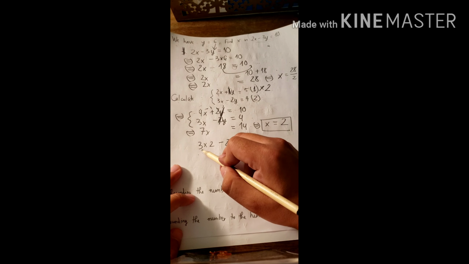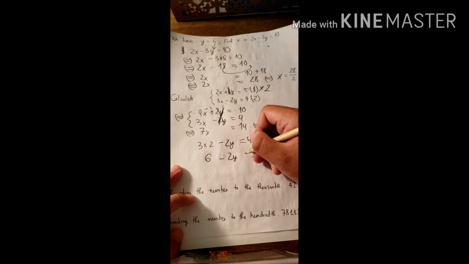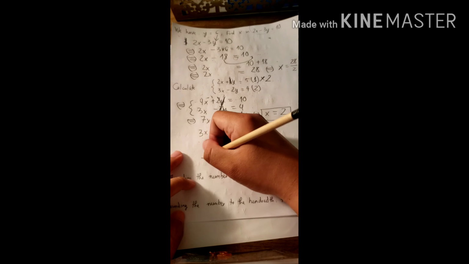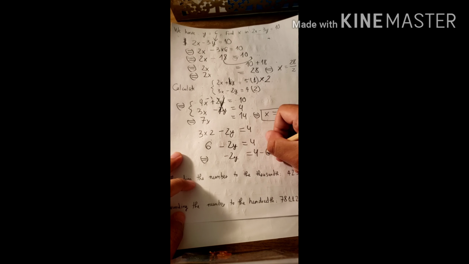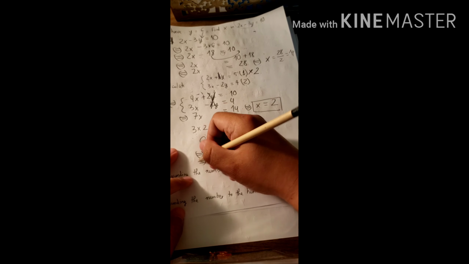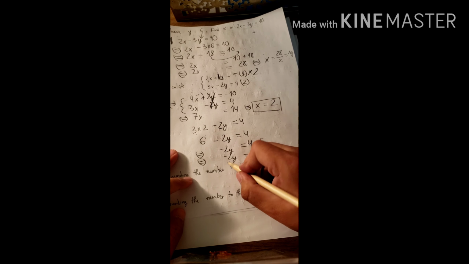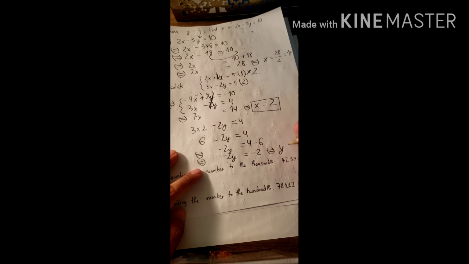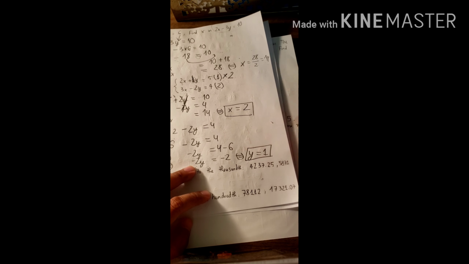We have 3 multiplied by 2 is 6, minus 2y equal to 4, and we put 4 minus 6, so we have minus 2 equal to minus 2y. We divide both sides by minus 2, so y equals 1. So that's the answer key in here, y equals 1.